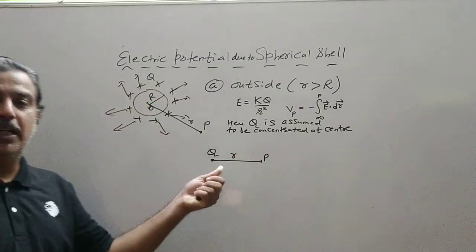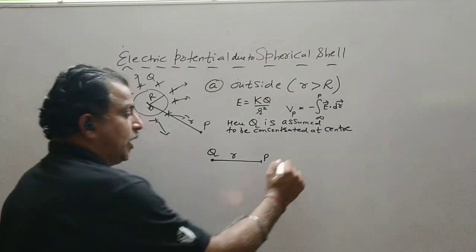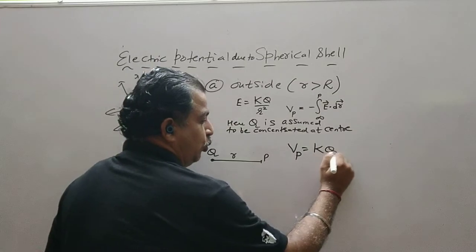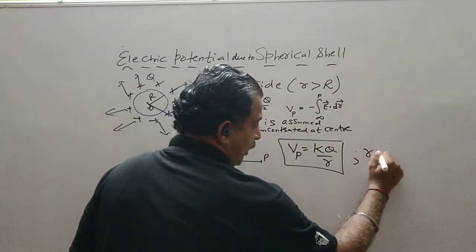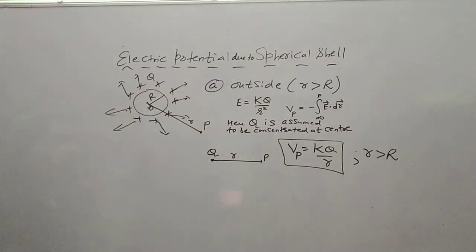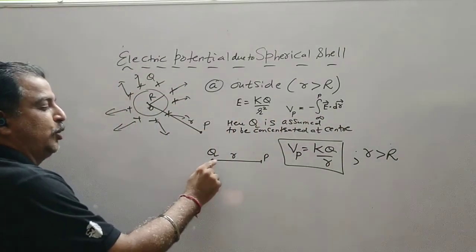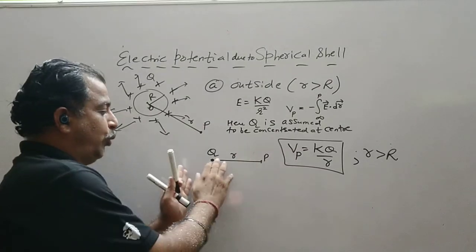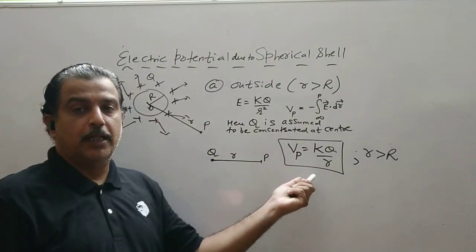So this is similar to the potential at point P due to the point charge. So the potential at P will become kq by r. This is for r greater than R. So instead of doing this method, you simply assume the entire charge is concentrated at center, and the theory becomes similar to potential due to point charge, and we have derived that theory earlier.